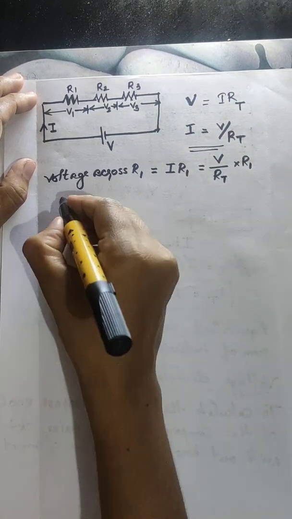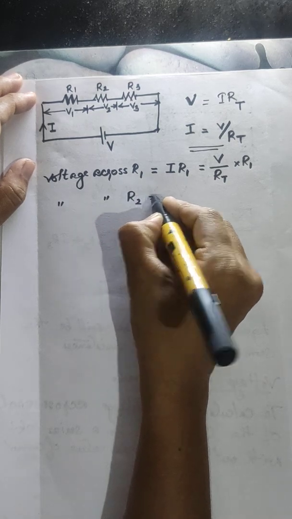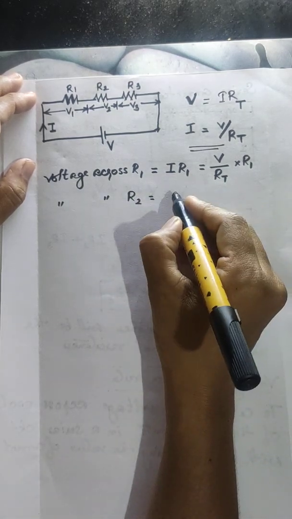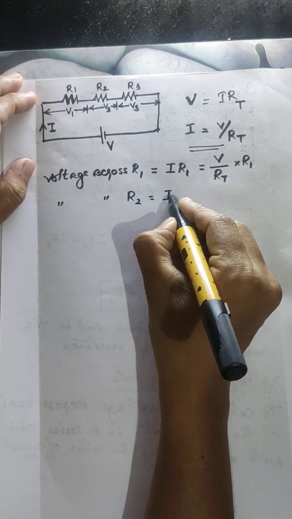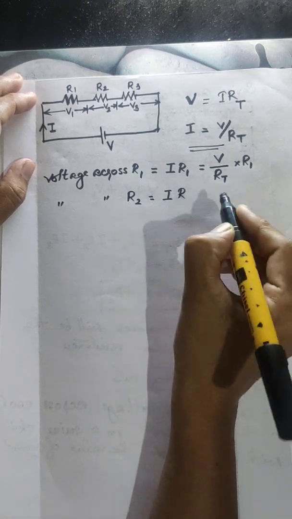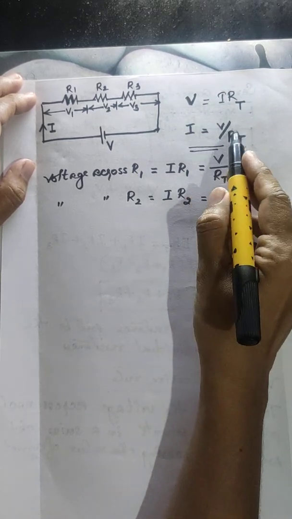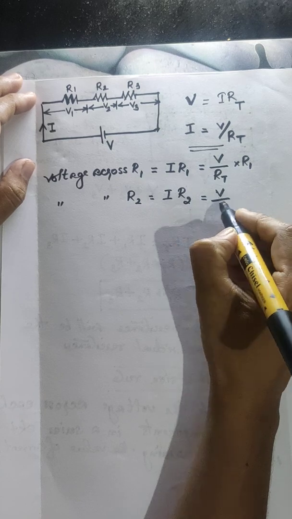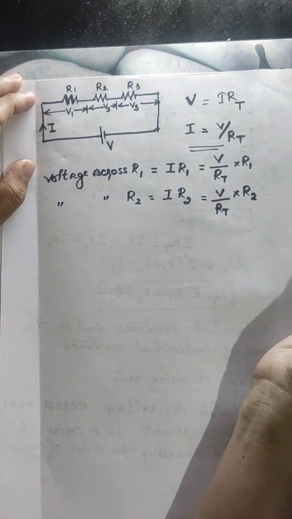Okay. Now let us calculate voltage across resistor R2. So according to Ohm's law, V is equal to IR. So for R2, voltage is equal to I into R2, which is equal to, I is V by RT, V divided by RT into R2. Okay.